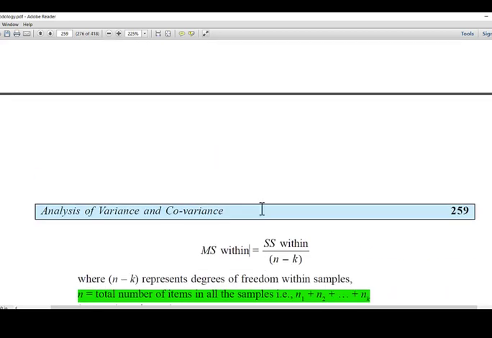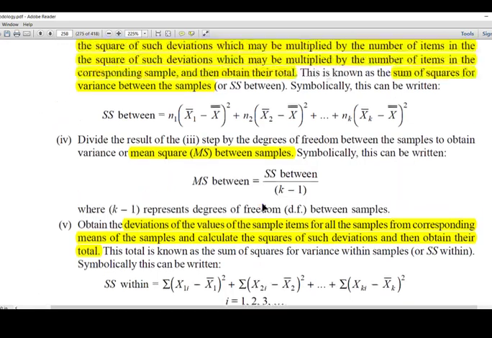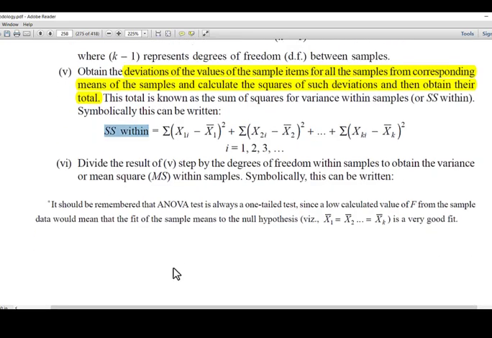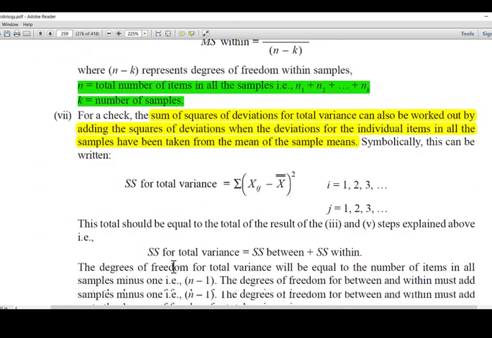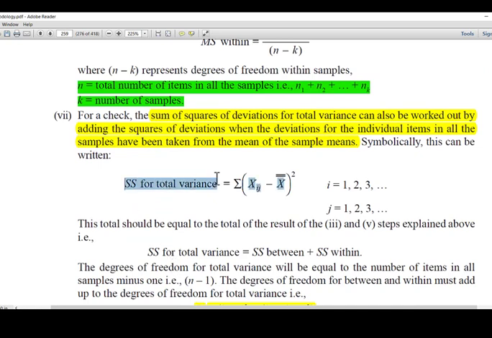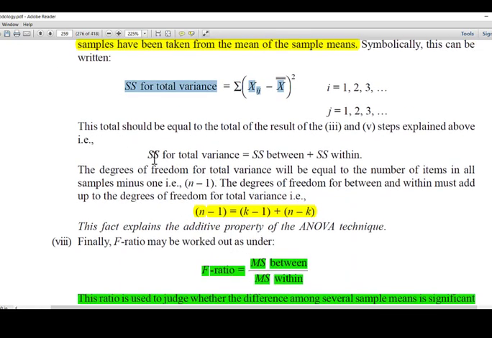That means this SS between plus this SS within gives us SS total, SS for total variance. That is what was explained here: SS for total variance equal to SS between plus SS within.